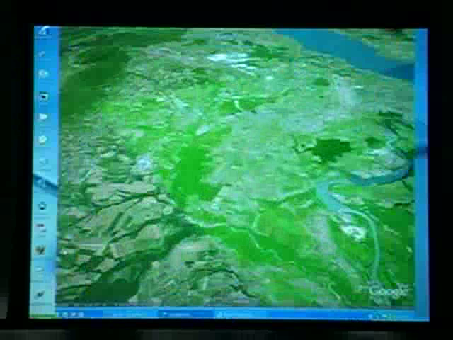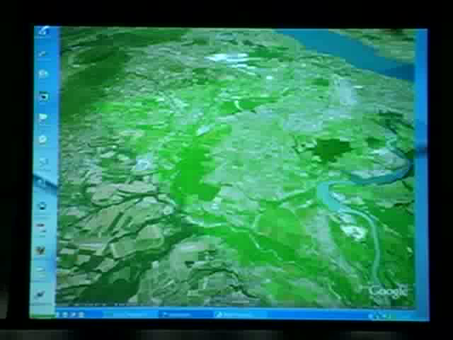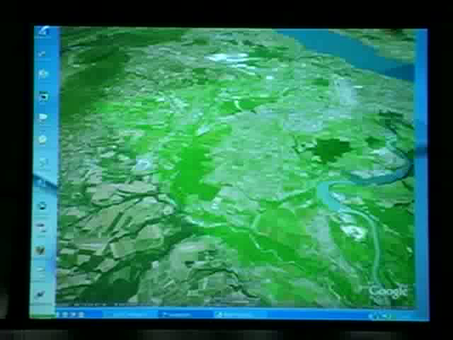Let's see if I can click on Google Earth. There we go. There's a live feed of this facility in Switzerland. It's on the border of Switzerland and France. This is the CERN facility, and it's kind of underneath all that.